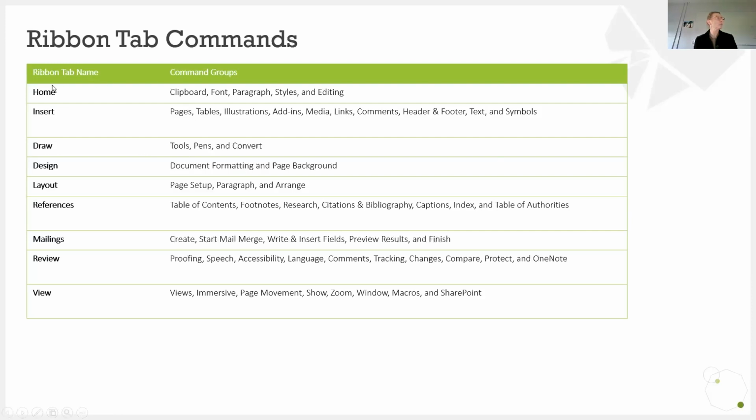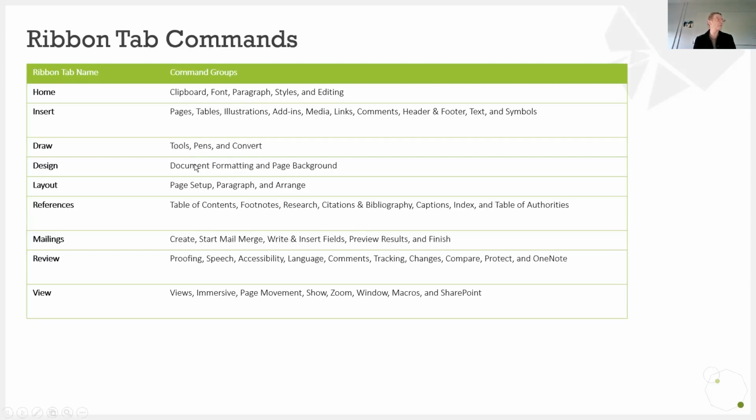For example, when you are on the Home tab in Word or Excel or PowerPoint, some of the commands that will be available to you are the clipboard, your font sizes, your font color, things like that.